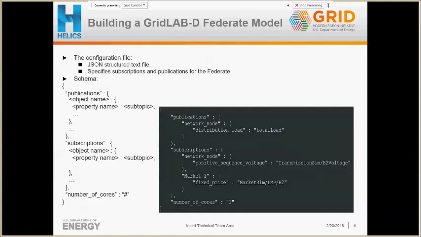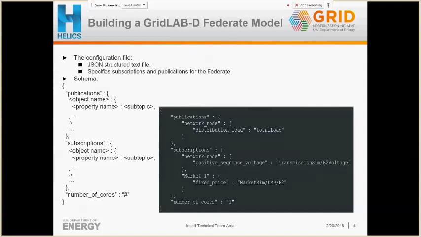As you can see, the schema for the GridLAB-D Helix configuration requires 3 keys, basically: publications, subscriptions, and number of cores. This is number of cores.